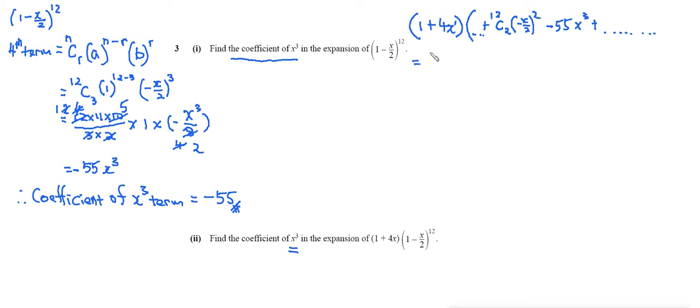Now, it's 1 plus 4x, plus this one is 66 times x squared over 4, minus 55 x3. Okay. Now, due to shortage of time, I will continue this in the next video.